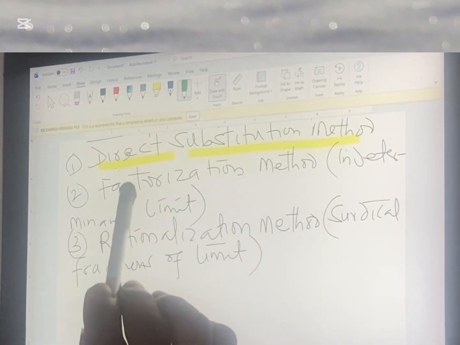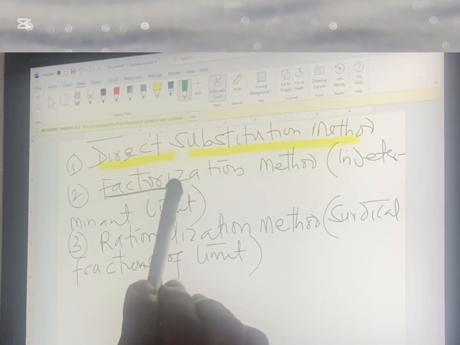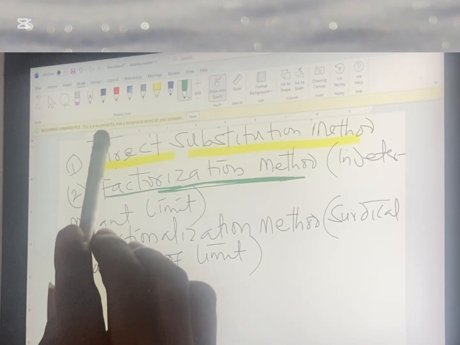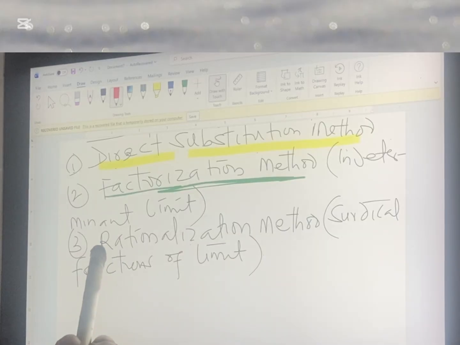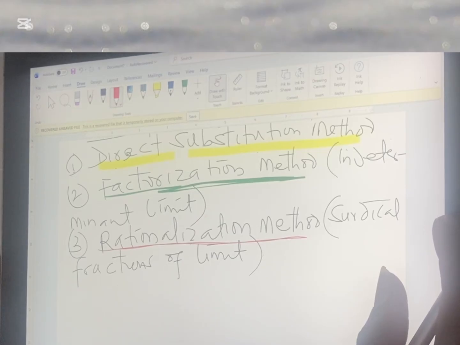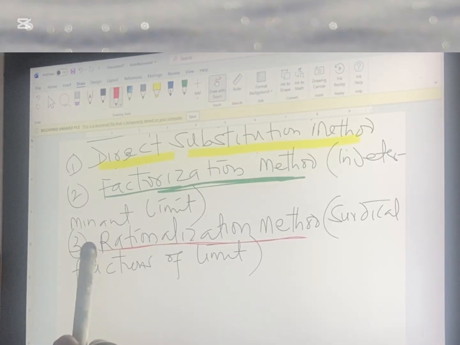The second method is factorization method. We use this for indeterminate limit, while the last one here is rationalization method. We use this for fractional surd limit. So when we have a fraction that consists of surds, square roots, we use this method here.